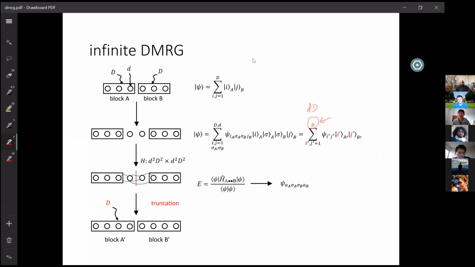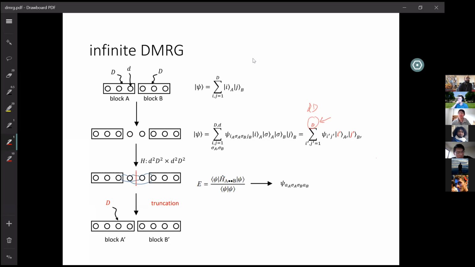So why do you have to grow the system from something small? Because if you start directly from a very large system size, then you will not be able to diagonalize the problem. So you have to attack the problem little by little, starting from a simple problem and making it a little bit harder.